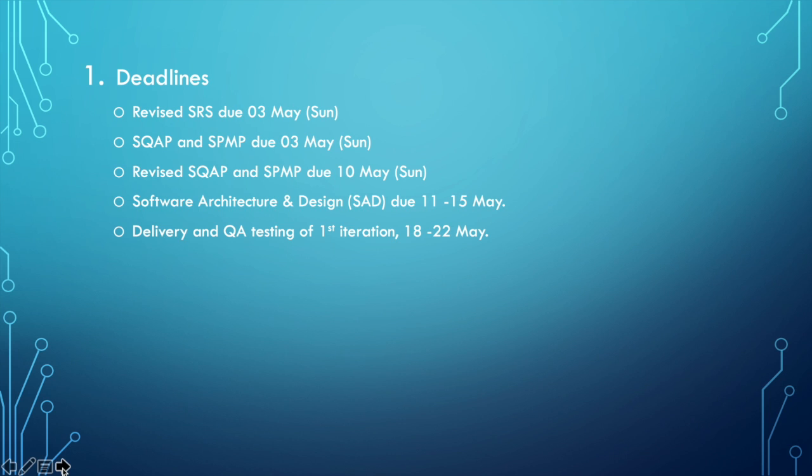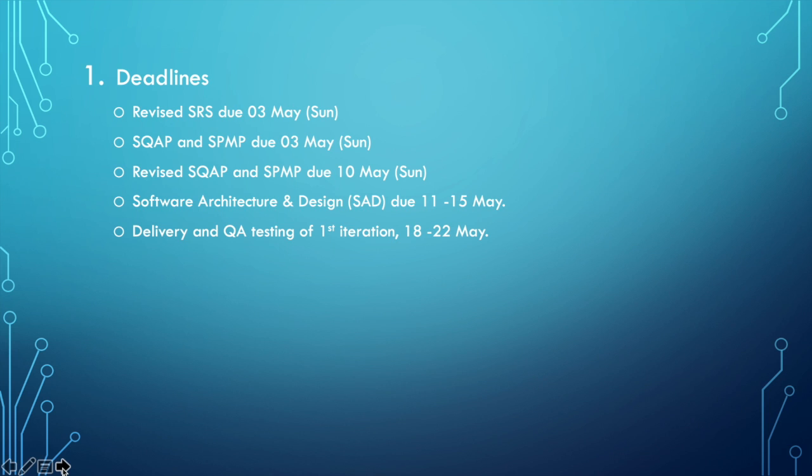The SPMP is the responsibility of the management team, and the management team consists of the project manager and the assistant project manager of each team. And the SPMP is the plan of the team on how to accomplish the first iteration by the 7th week of this class, and also planning for the delivery of the second iteration of the project by finals day.